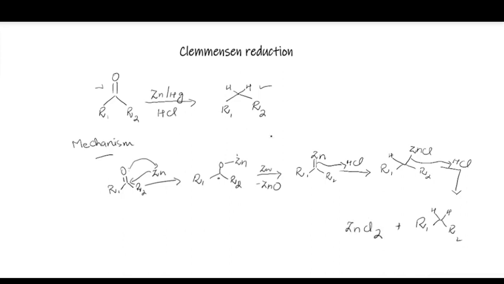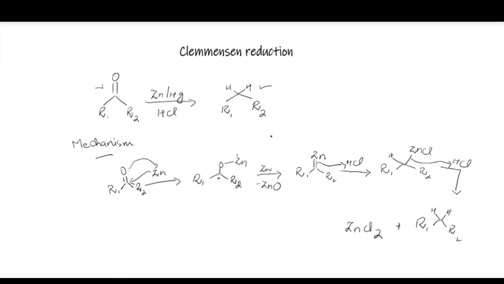So you just saw that a carbonyl or a ketone has just been converted to a hydrocarbon, or a carbonyl functional group has been converted into a methylene or a CH2 in the presence of zinc amalgam under acidic conditions.